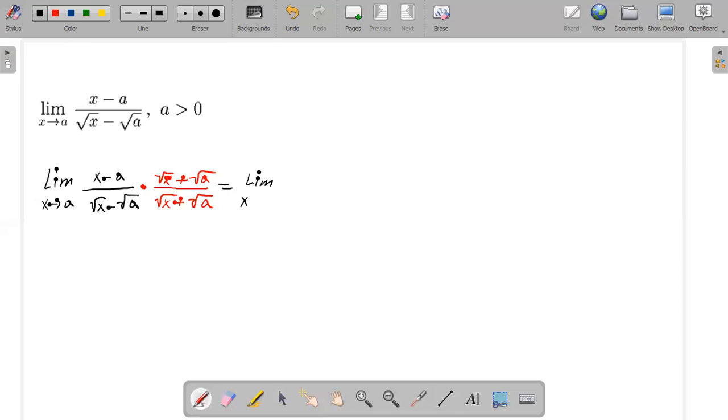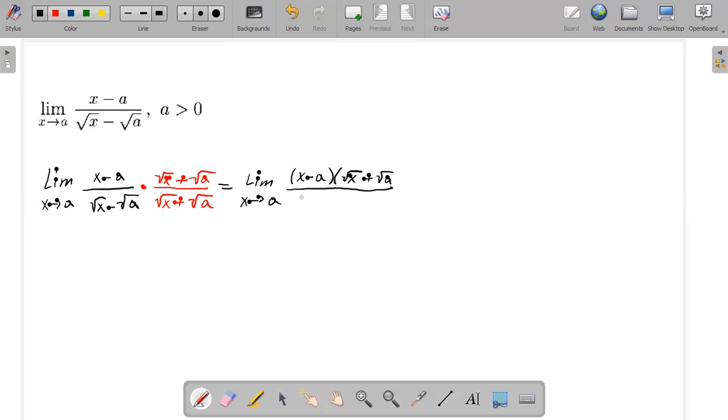Limit as x approaches a, the numerator will be the quantity x minus a. Don't forget to use parentheses here because we have two terms, right? Two terms here and two terms in our conjugate, also in parentheses. So square root of x plus square root of a.